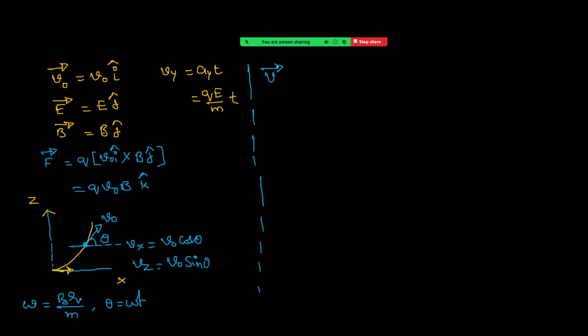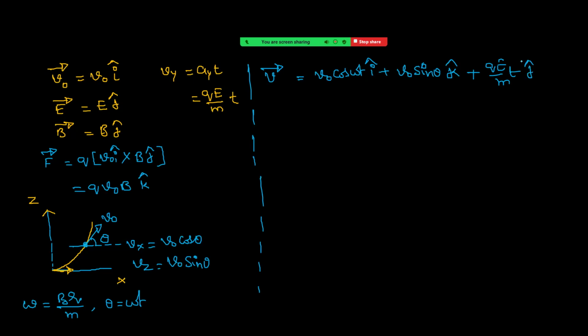Therefore V bar is equal to Vx I cap, that is V naught cos omega t I cap, plus V naught sin omega t K cap. Next, the y component: QE by M into t J cap.